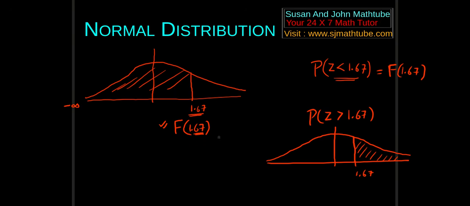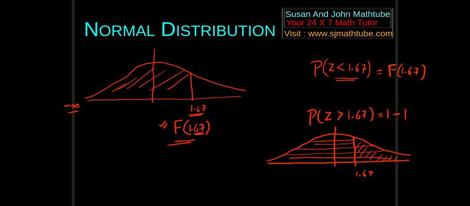But sadly, your table always provides the area from minus infinity to 1.67. So it's very easy. All you have to do is you have to do 1 minus, because the total area of the graph is 1 unit.